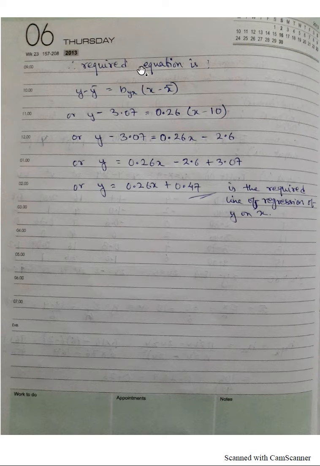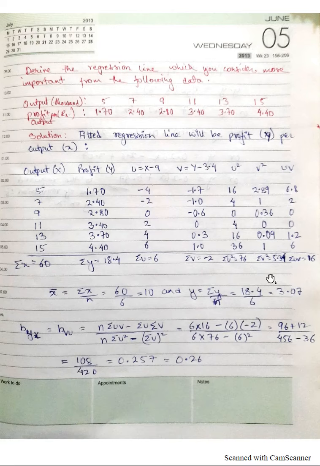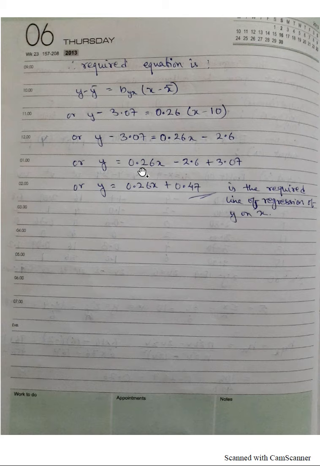So the required line of regression of y on x is y minus y bar is equal to byx into x minus x bar. Here y bar is 3.07, so y minus 3.07 is equal to byx, which is 0.26, into x minus x bar, which is 10, so x minus 10.